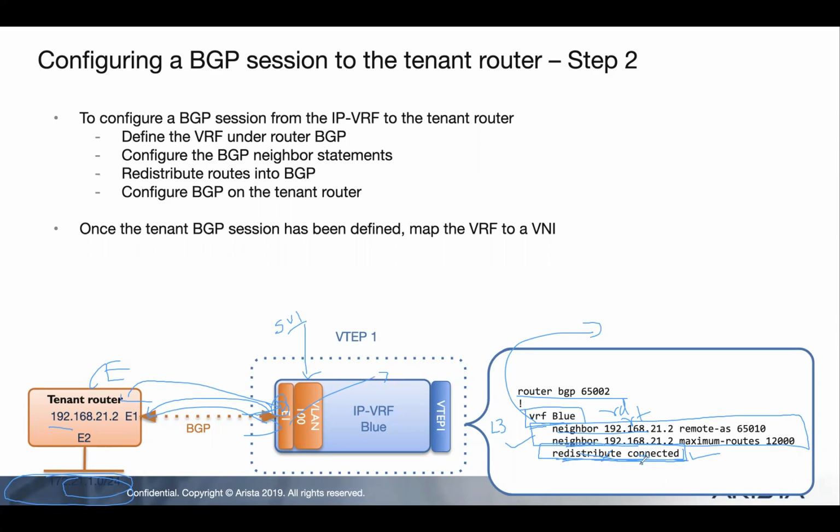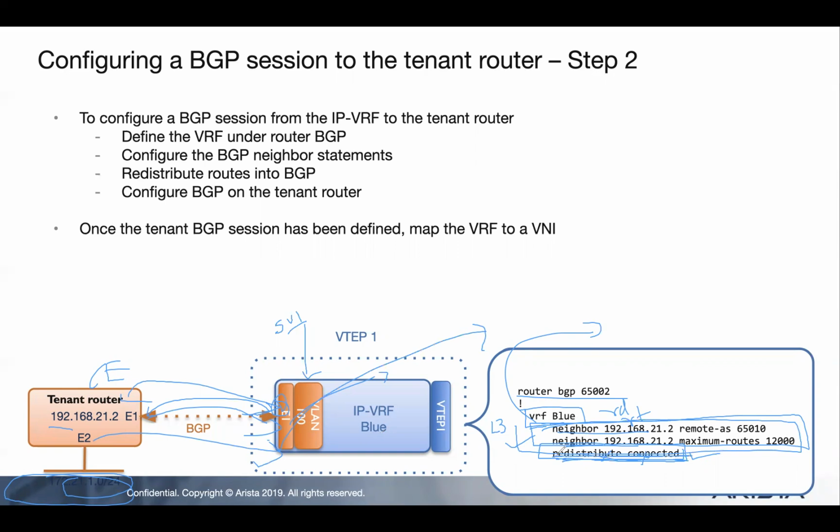Which command, if missing, means the type 5 will not be generated? If you have the neighbor command, whatever route you receive through this neighbor into this VRF will be advertised as a type 5 route. For that, you don't need redistribute connected.